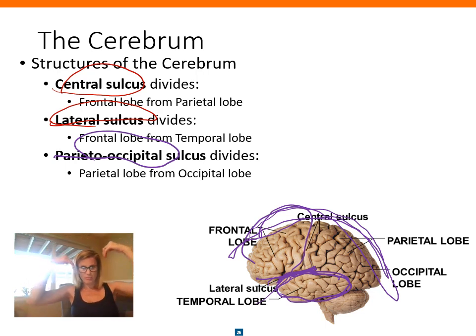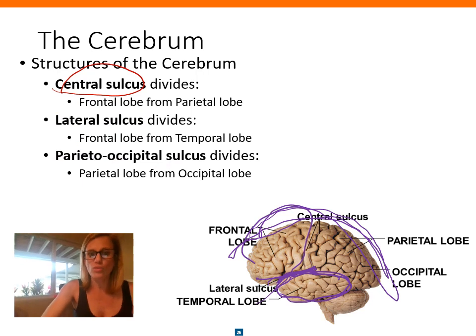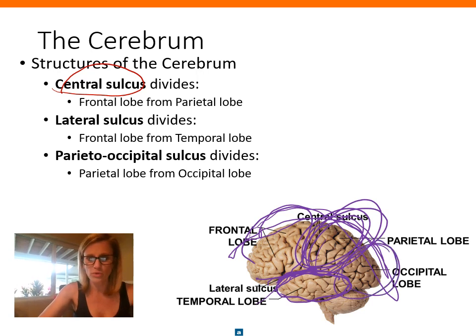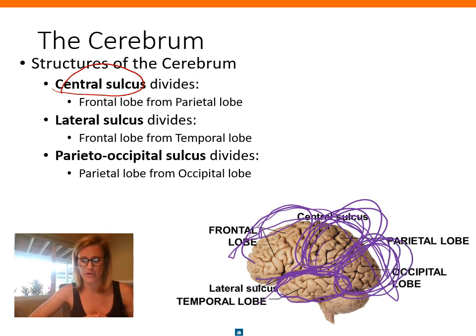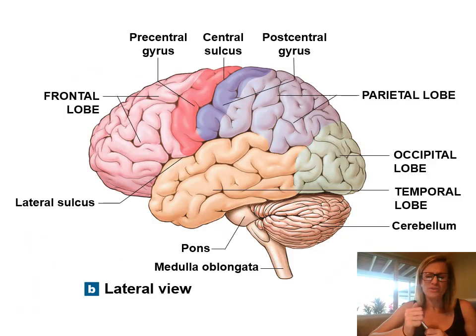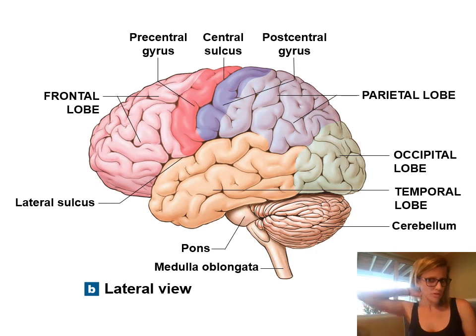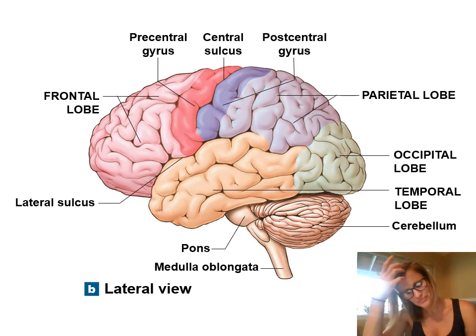If we pull those apart and look on the inner edge of the brain, we can see this parieto-occipital sulcus. And what this does is it divides the parietal lobe, which is right here, from the occipital lobe, which is in the back right here, under the occipital bone. I do have a picture with the parieto-occipital sulcus coming up in a second.